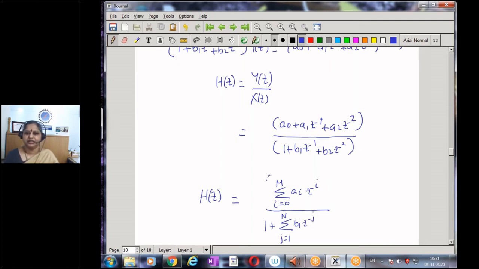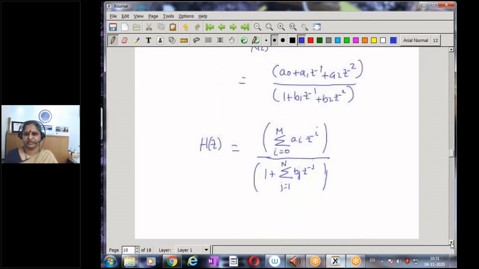So this is a generalized form of obtaining the transfer function of a given discrete time system: a0 plus a1 z to the power minus 1, a2 z to the power minus 2, etc., over 1 plus b1, up to b_j, etc. So this is the transfer function.